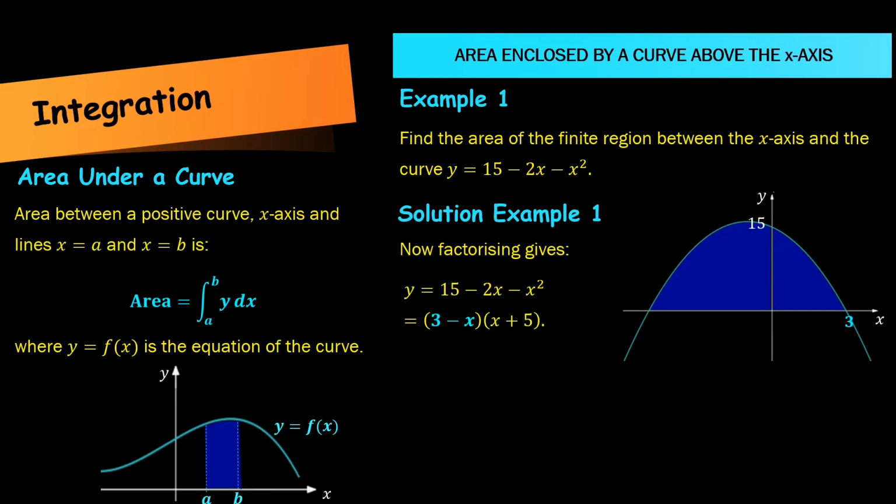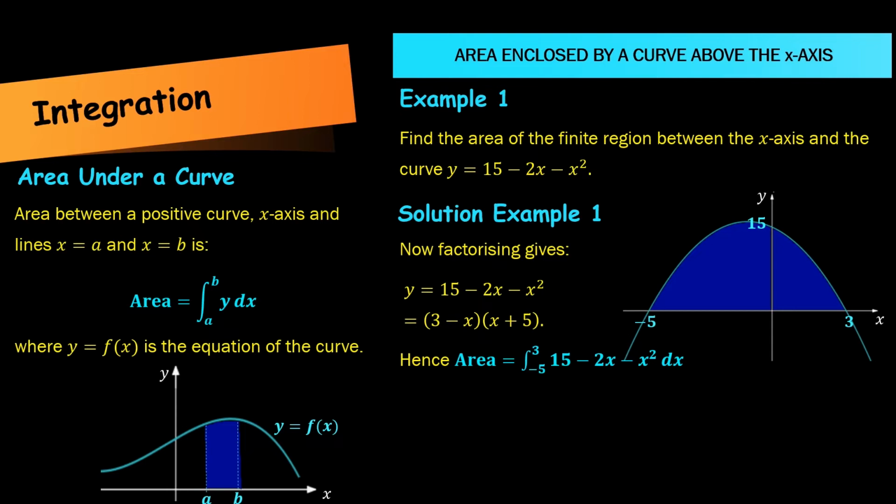And the curve crosses the x-axis at x equals 3 and x equals minus 5. Therefore, if we're wanting to find the finite region between the x-axis and the curve, we're looking for the region between minus 5 and 3, which is below this curve.